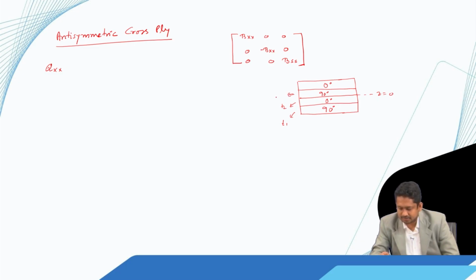So, accordingly the thickness is T2 and accordingly thickness is T1, and this line is Z1 which is minus of T2 and this line is Z0 which is minus of T1 plus T2, and this is Z3, and likewise Z4 is T2. So, this is Z2 and this is Z3 and Z4 is T1 plus T2.